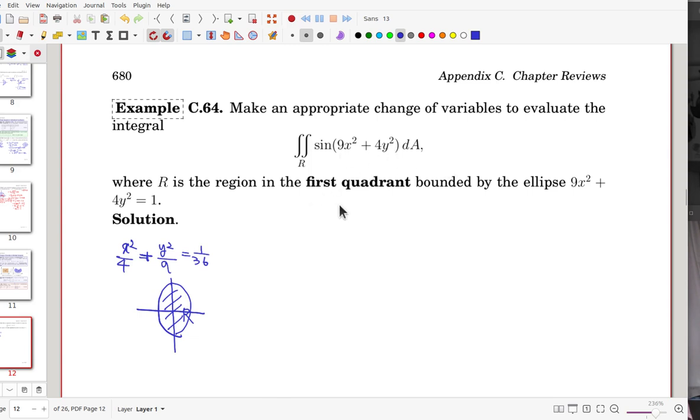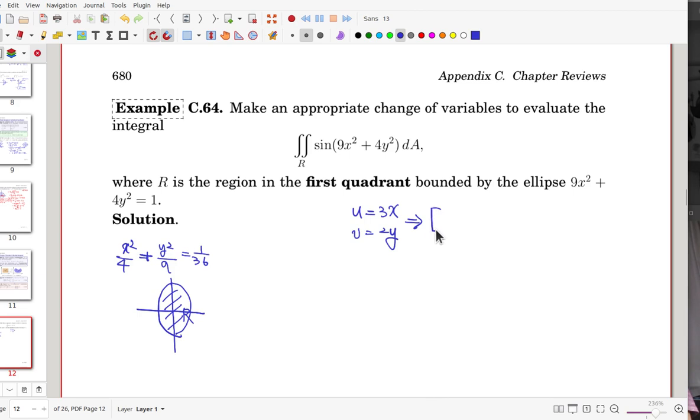Now, if we choose u equal 3x and v equal 2y, then this becomes u squared plus v squared, and this becomes u squared plus v squared equals 1. But this is not a map. In fact, x and y must be expressed as functions of u and v.